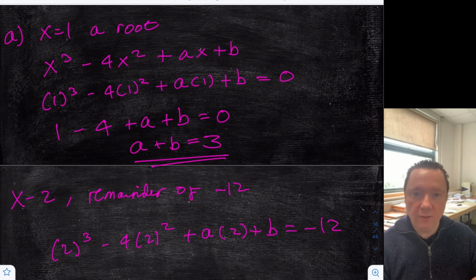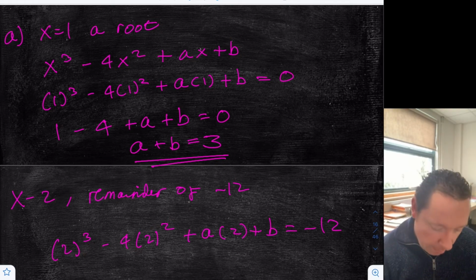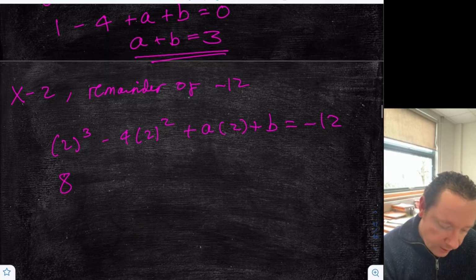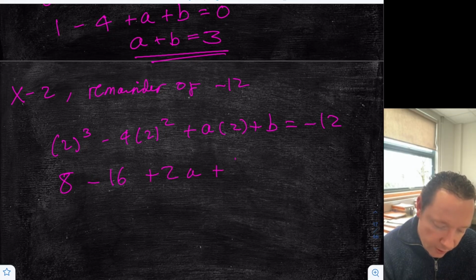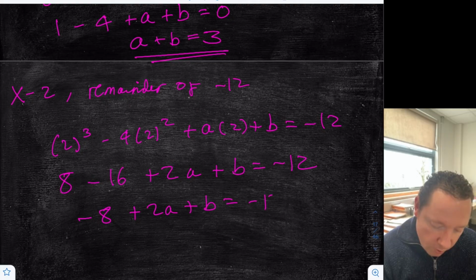Or you could use synthetic division, but this is probably easier. So tidying that up, we get 8. 2 2s are 4, times 4 is 16. So minus 16 plus 2a plus b equals minus 12. 8 minus 16 is minus 8, plus 2a plus b equals minus 12. So that means that 2a plus b equals minus 12 plus 8, which is minus 4.